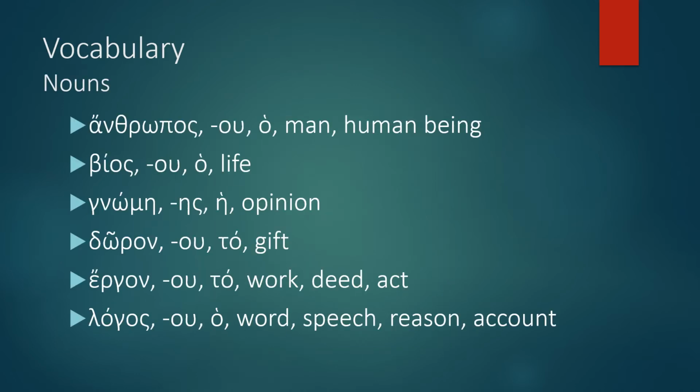Let's look at some vocabulary now. This is all in your book, but it's good for us to go through this together anyway. First, anthropos, anthropou, ho, which means man, or more generally, a human being. And notice how I pronounce the genitive as anthropou.